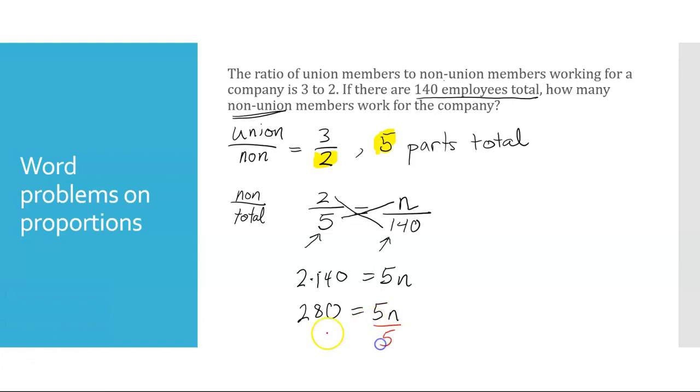So divide both sides by 5, and we get 56 equals n. There's our answer, 56 non-union employees. This answer should make some kind of common sense because there's fewer non-union employees than there are union members.